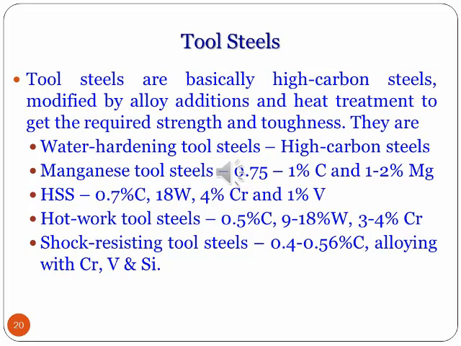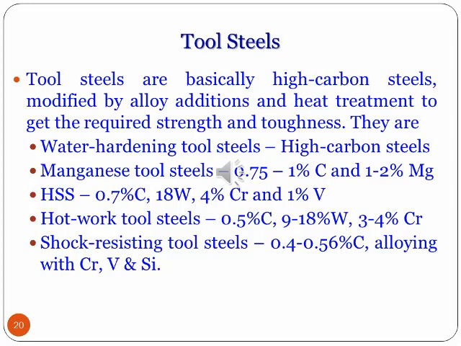High speed steel, HSS: 0.7% carbon, 18% tungsten, 4% chromium and 1% vanadium. Similarly, hot work tool steels: 0.5% carbon, 9 to 18% tungsten and 3 to 4% chromium.